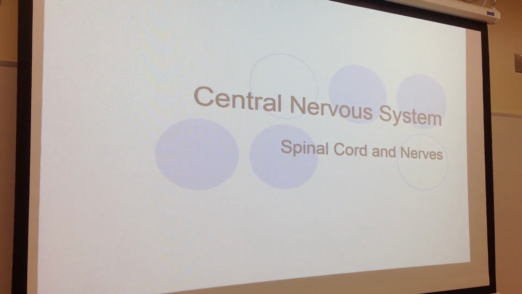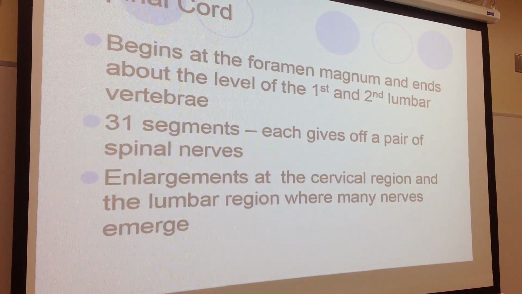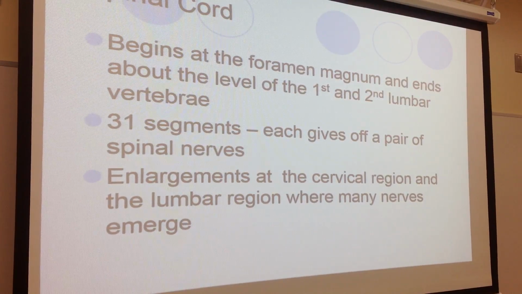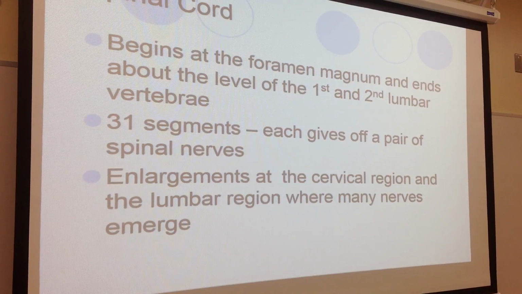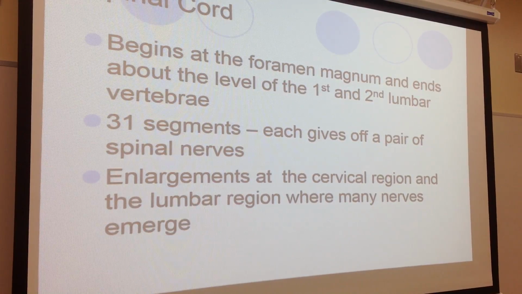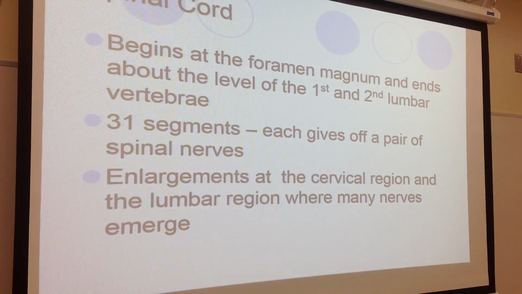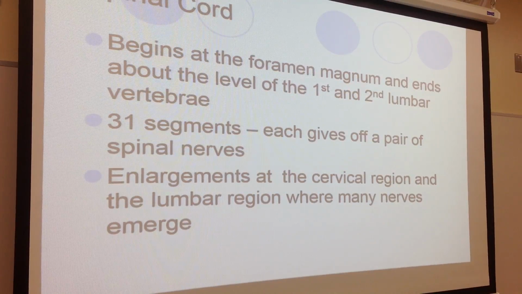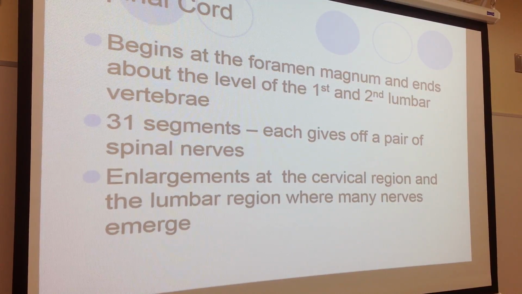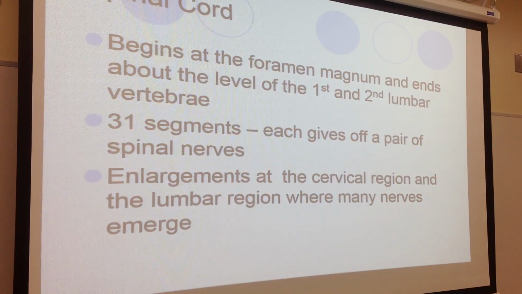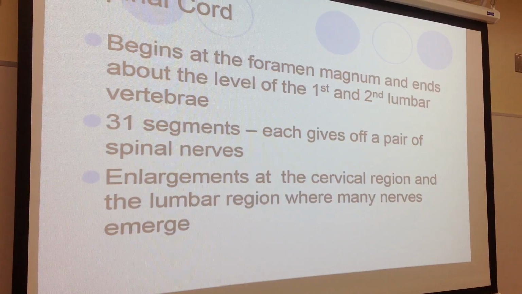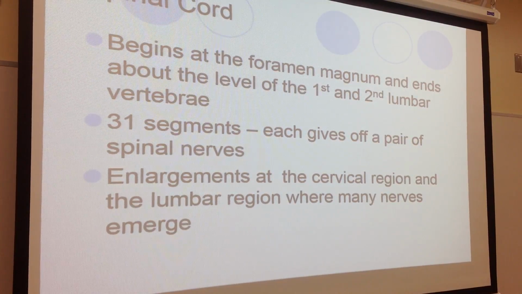All right, so when it comes to the spinal cord and the spinal nerves, the spinal cord begins where the brainstem leaves off. And remember, we talked about this last time. The border is the foramen magnum. So anything that's superior to the foramen magnum is part of the medulla oblongata, that's part of the brainstem. And then anything that is inferior to that foramen magnum is spinal cord.